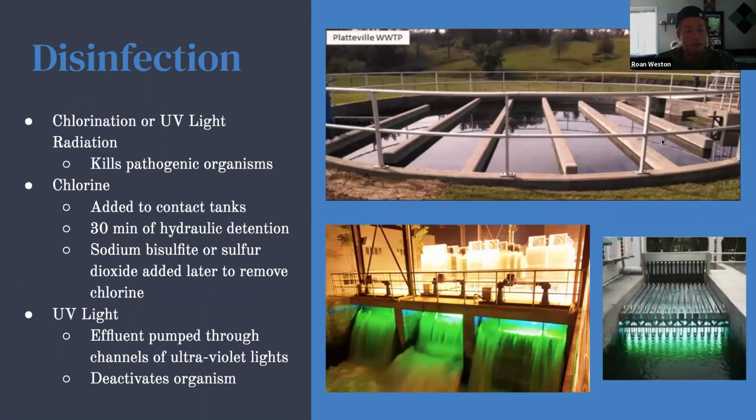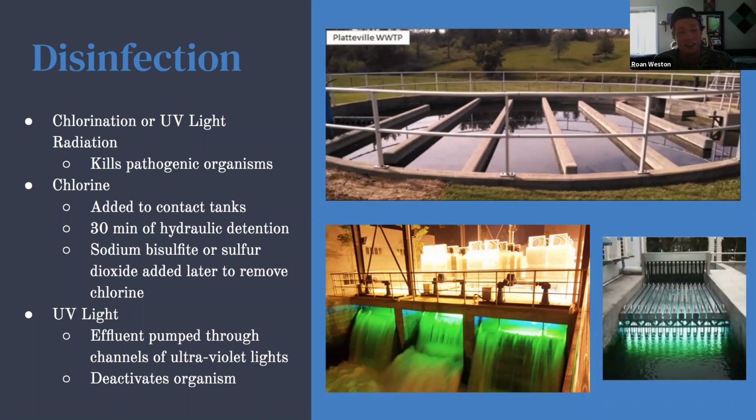The disinfection process with chlorine involves adding your wastewater solution to a chlorine contact tank. You're going to allow the water to sit in a hydraulic detention. So basically, you're just leaving all of these pathogenic organisms in jail and you kill them all.